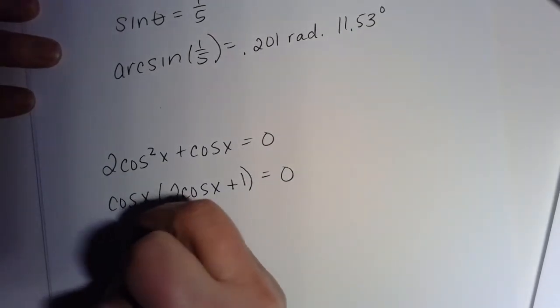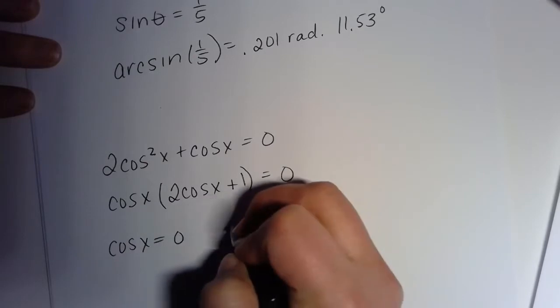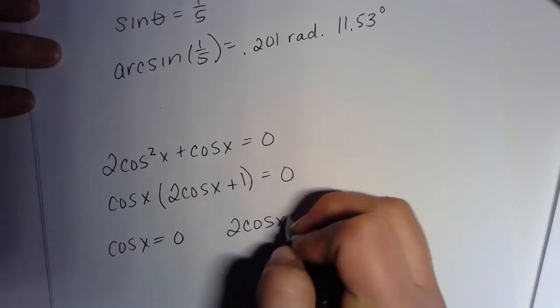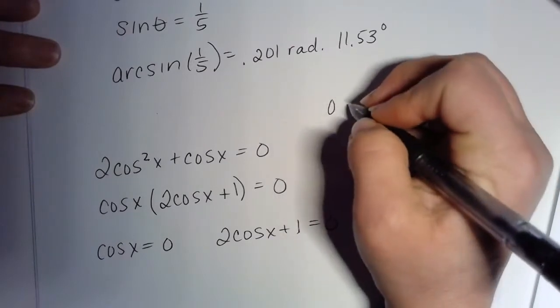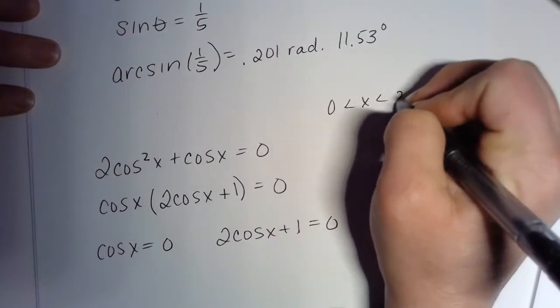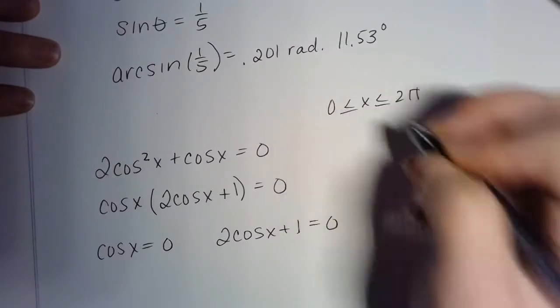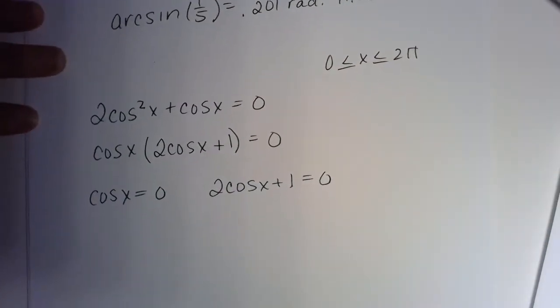I have the cosine of x is equal to 0, and the 2 cosine of x plus 1 is also equal to 0. We're going to keep our answers again between 0 and 2 pi. We'll just stay in that interval here.